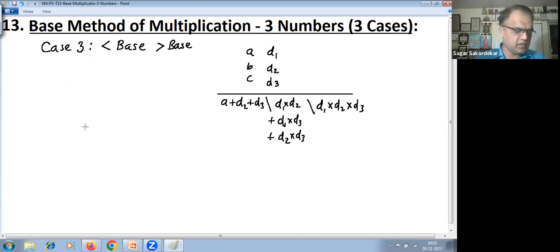Let's take one more example here. 102 multiplied by 103 multiplied by 94. So we have taken now two numbers above base. First example, we have taken two numbers less than base. Here it is different. Two numbers are above base and one number is less than base.